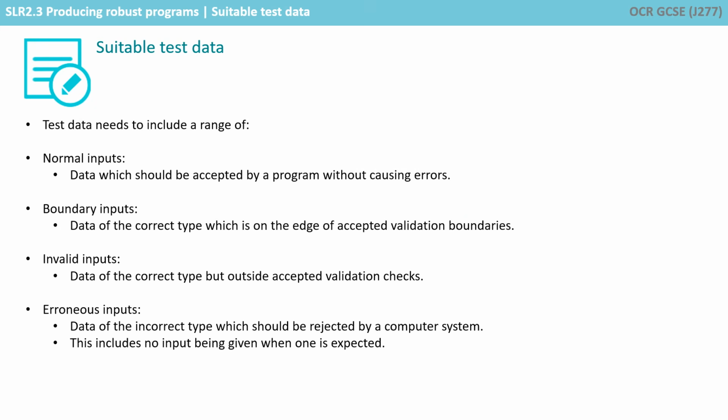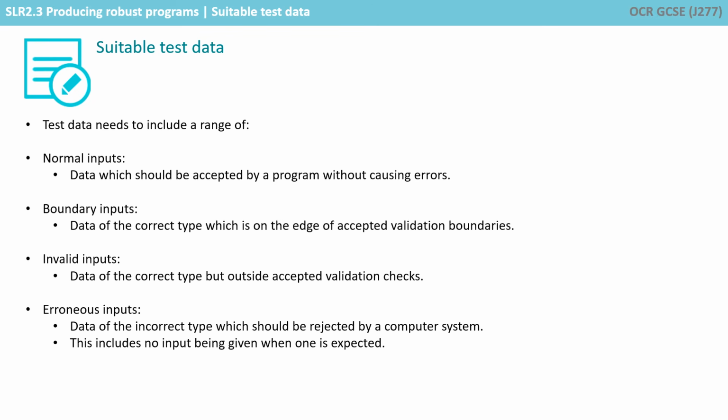So let's just have a quick recap. Test data needs to include a range of inputs. Normal inputs are data which should be accepted by a program without causing errors. Boundary inputs are data of the correct type which is on the edge of the accepted validation boundaries. Invalid inputs is data of the correct type but outside the accepted validation checks.